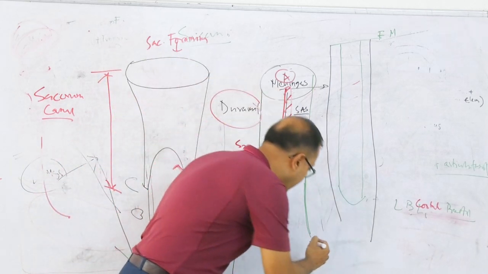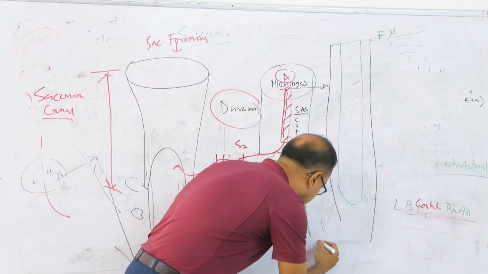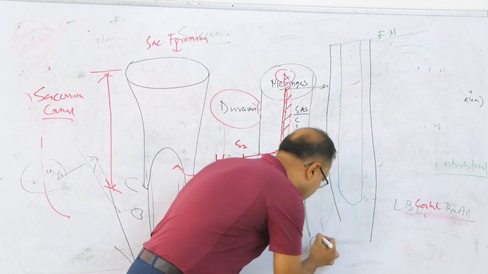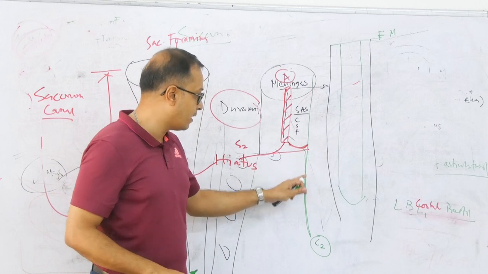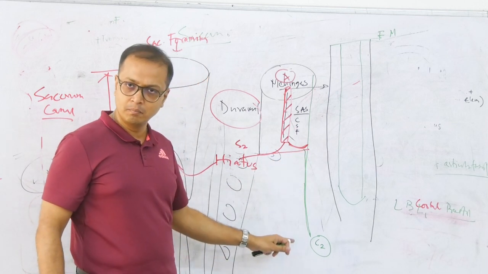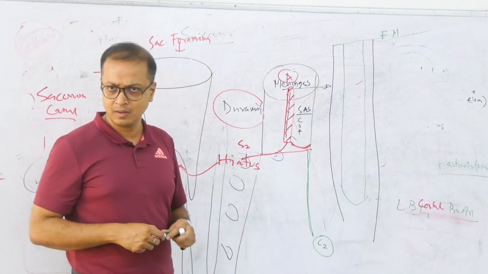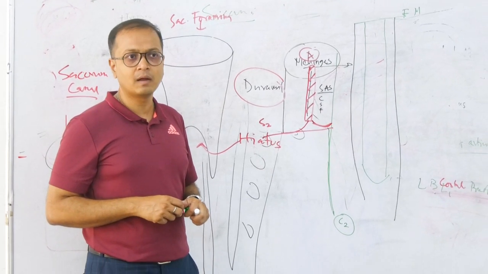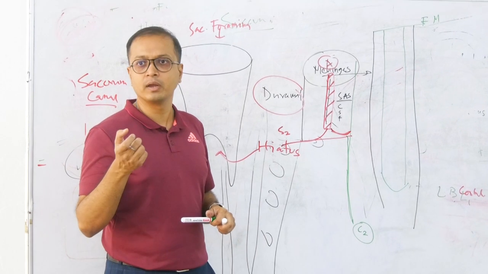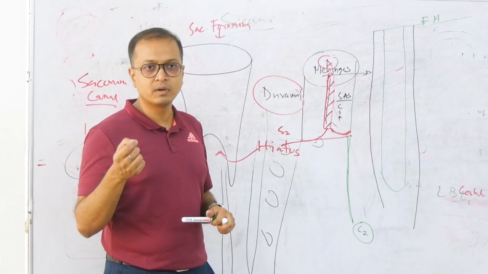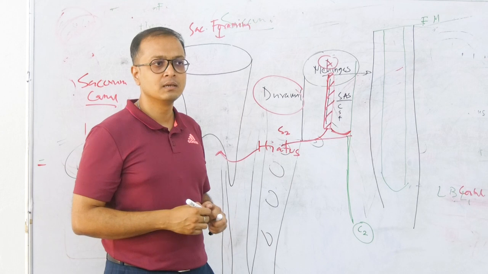And it roughly ends at C2, the second coccygeal level. This layer of the pia matter going down beyond this is given a special name. We call it the filum terminale. It looks like a fibrous string. We call it FT.